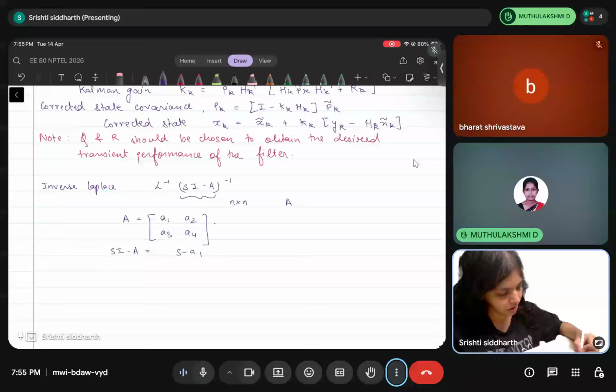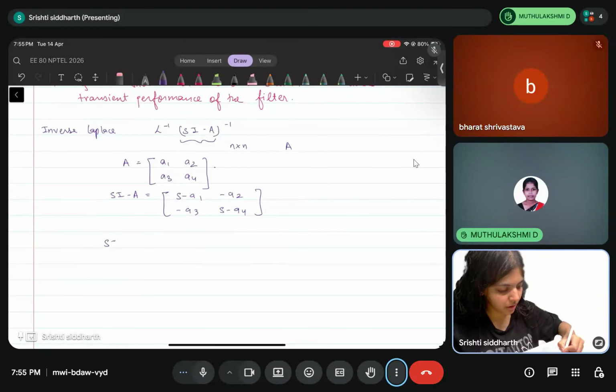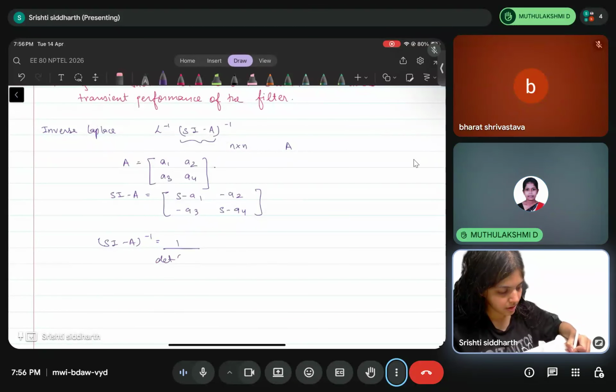sI minus A would be s minus a1, s minus a4, minus a3 and so on. You can take the inverse of this 2 by 2 matrix by calculating its determinant.